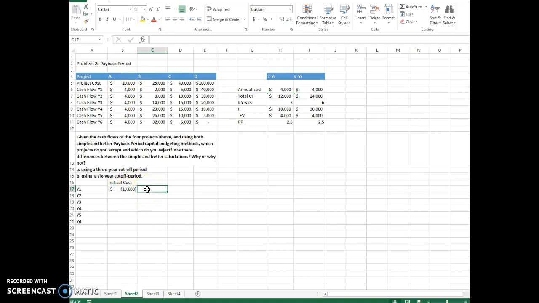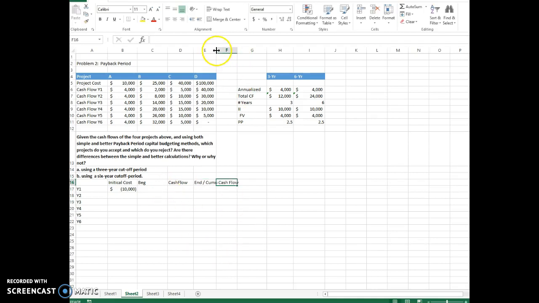And then I'm going to go over here and write cash flows. In this case, we have our beginning cash flow, and then we're going to put our ending, or cumulative.